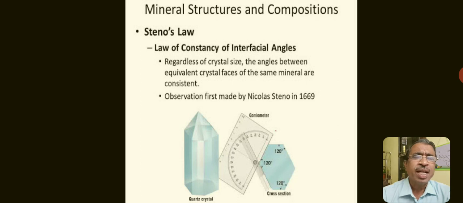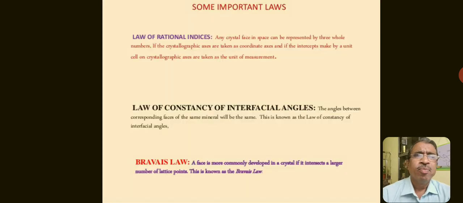Whether you take a smaller one or the bigger one, the crystals have the same angle. Here also I have shown the law of rational indices, the law of constancy of interfacial angles and the symmetry law, which are the three important laws, which I have described in this slide.